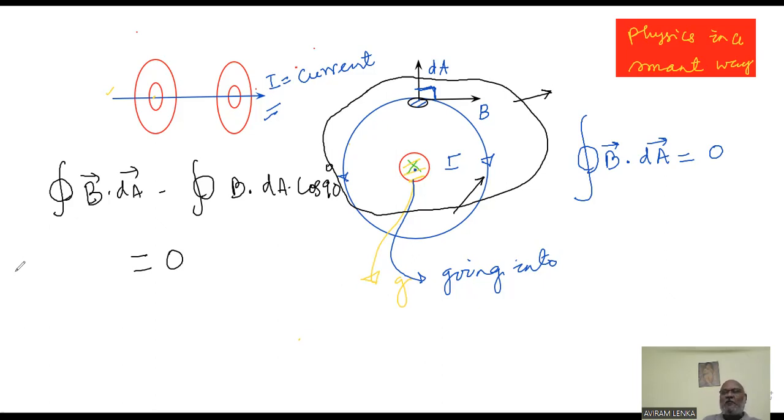For example, if a student is dealing with a case of constant acceleration, the teacher says you have 3 or 4 formulas: v equal to u plus at, s equal to ut plus half at square, v square equal to u square plus 2as, and s nth equal to u plus a by 2 into 2n minus 1. You just take any question and try to find out the answer using these formulas.